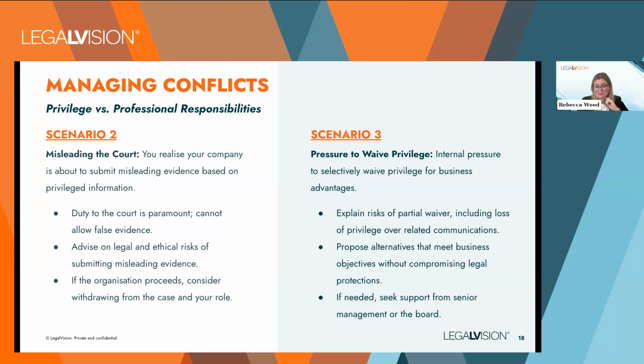You might want to consider and suggest some alternative strategies without compromising the legal protections in place. In those situations, you might want to seek support from senior management or the board to maintain the appropriate legal safeguards.